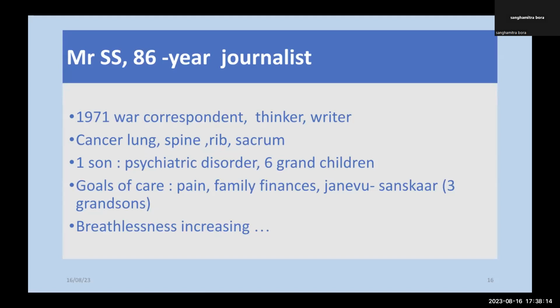He has lived his life, but his cancer has spread to the lungs, spine, ribs, the sacrum. He's already overloaded with a psychiatric son. He has 6 grandchildren to look after.